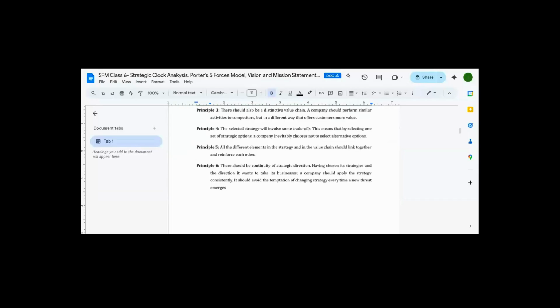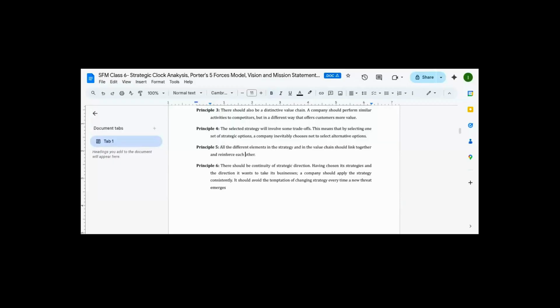Principle 5. All the different elements in the strategy and the value chain should be linked together and reinforce each other. There should be linkage in all our strategies. You can see how we link price with differentiated products, price with hybrid strategy, price with innovative products.